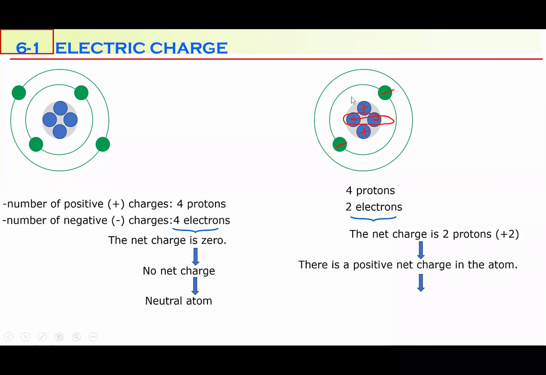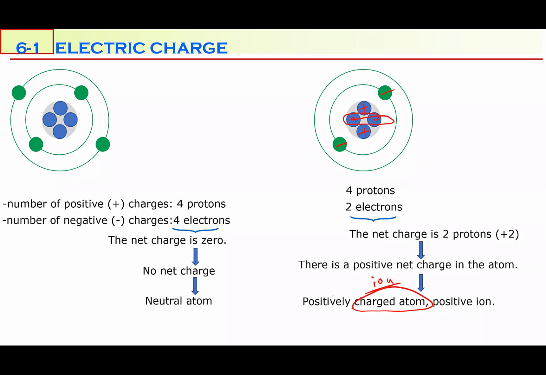And this atom is not neutral. It's also a charged atom. But a positively charged atom is known as a positive ion. Then we can say that if an atom has a greater number of protons than number of electrons, it is a positive ion.